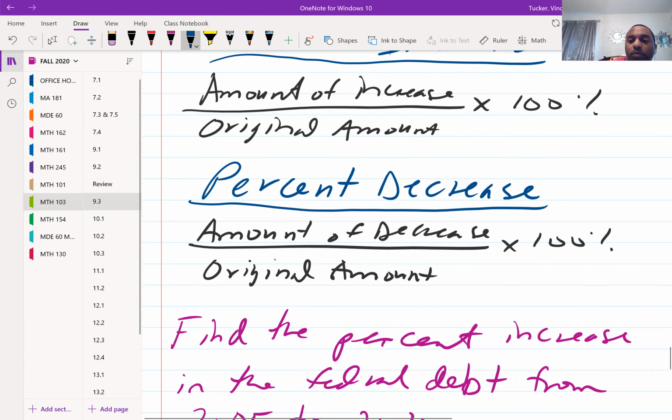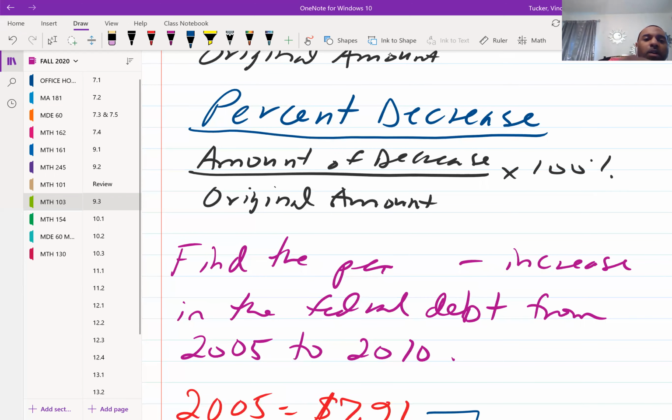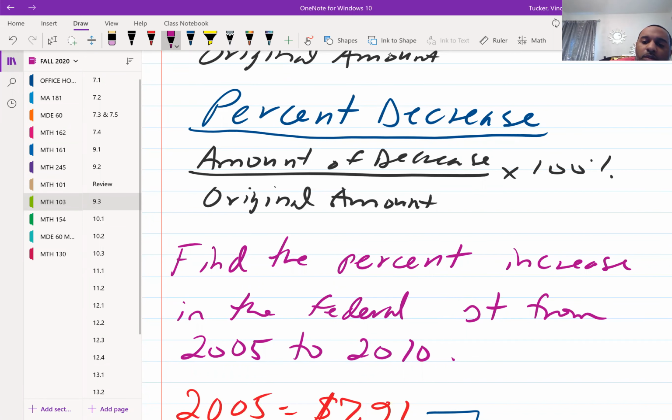Pretty good. Before we do a problem, I'm gonna scroll up. All right, so it says find the percent increase in the federal debt from 2005 to 2010.